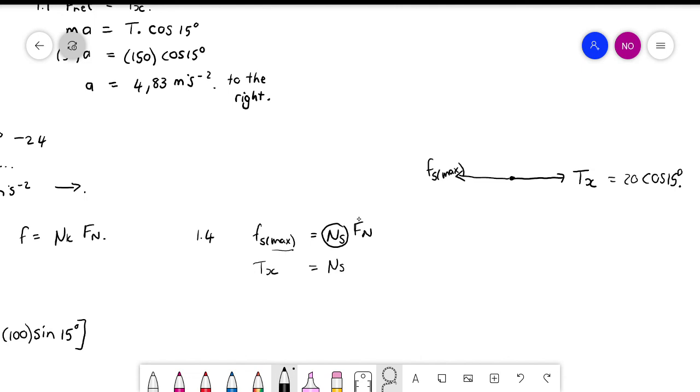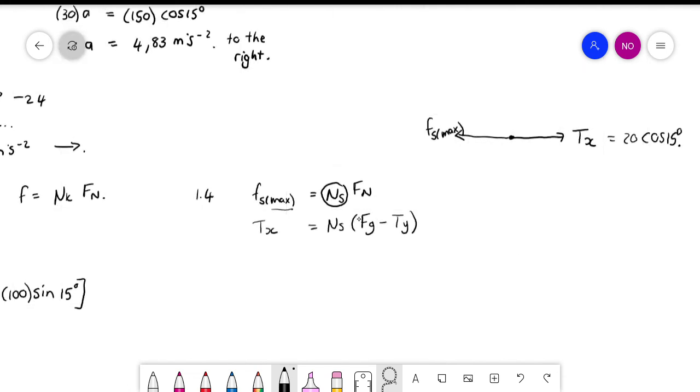And this one will still be equal to Fg minus Ty. But Ty changes now. Nee, hoekom gaan Ty verander? Want dit is nie nou meer 100 Newton nie, dit is 20 Newton. So don't just take your previous values. You have to take the whole new situation into account. Fg won't change in hierdie geval, want die krat weeg nog steeds 30. Okay? But Ty will change.